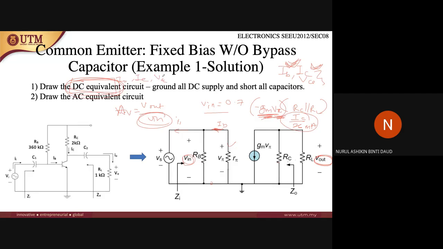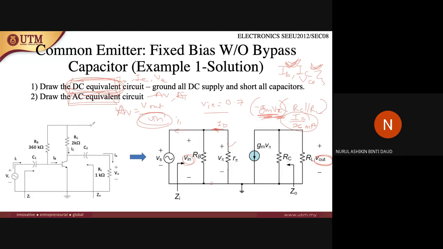Once all the information is given, then only proceed with the AC equivalent circuit to find the voltage gain and also current gain. The steps of this analysis are quite lengthy, and usually it carries a lot of marks.